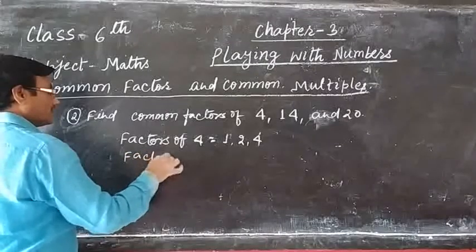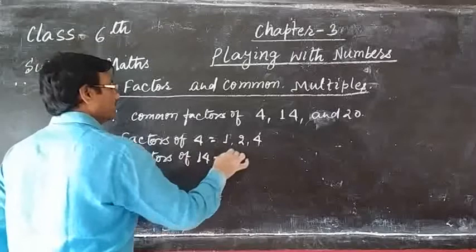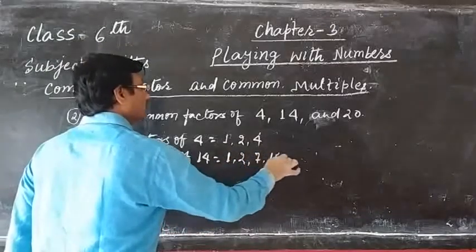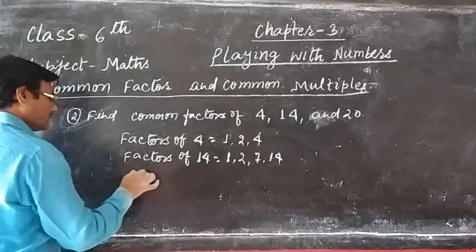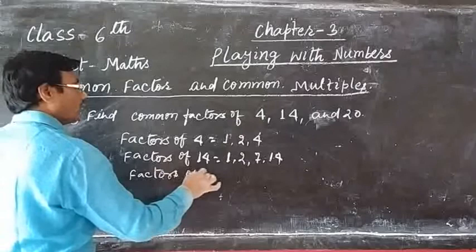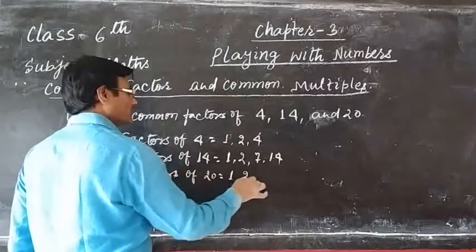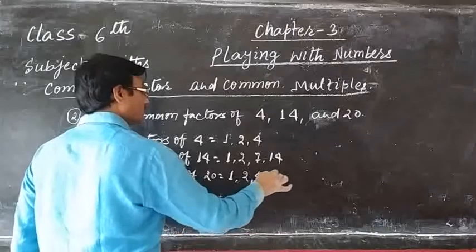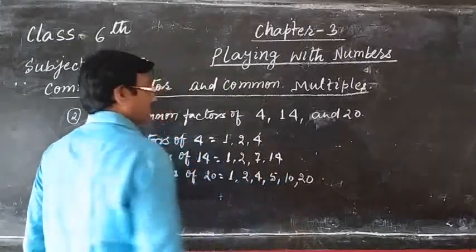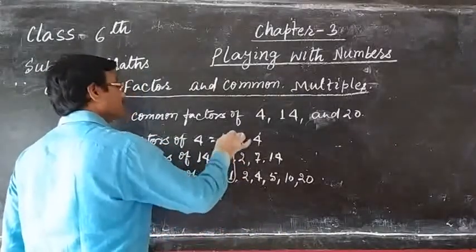Again factors of 14: 1, 2, 7 and 14. Again factors of 20 is equal to 1, 2, 4, 5, 10 and 20.